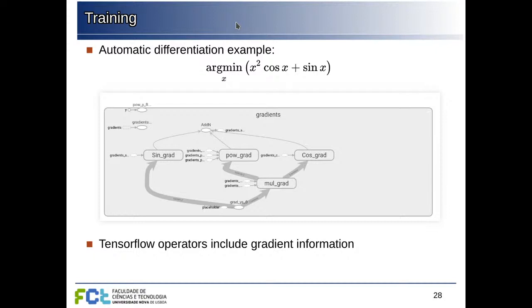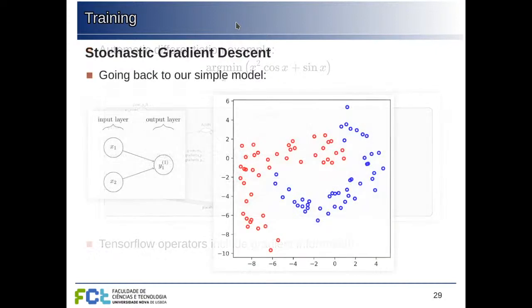TensorFlow will automatically create these graphs, because to each operation that we use in TensorFlow, it has associated all the information for computing the derivative. And every time we chain together these, or we compose these operations in our expressions, TensorFlow will keep track of that and create the corresponding graph for the derivatives too.